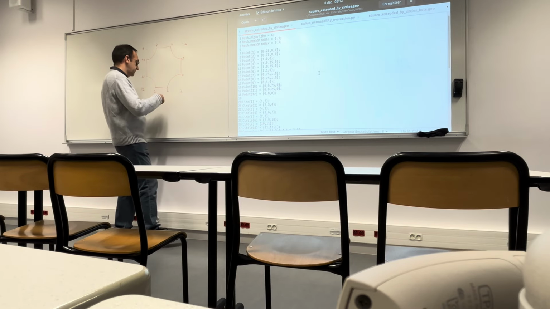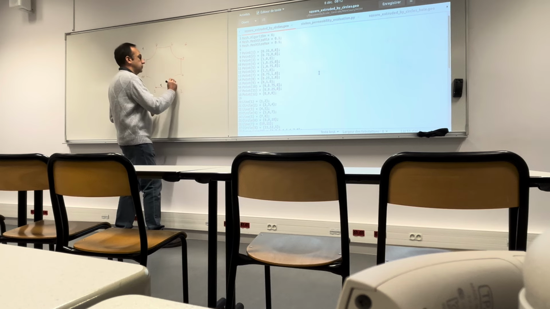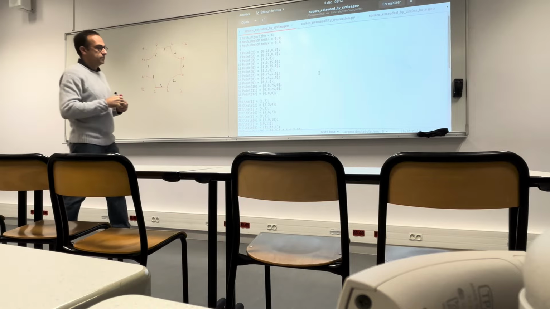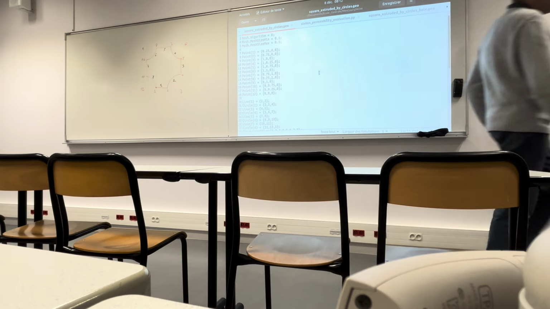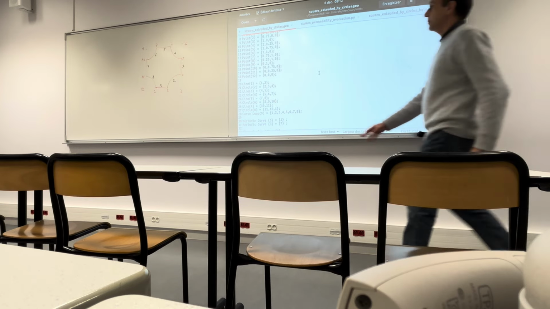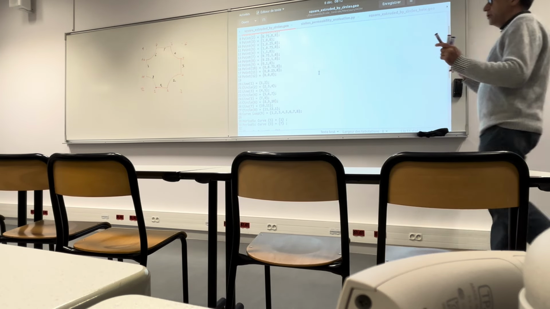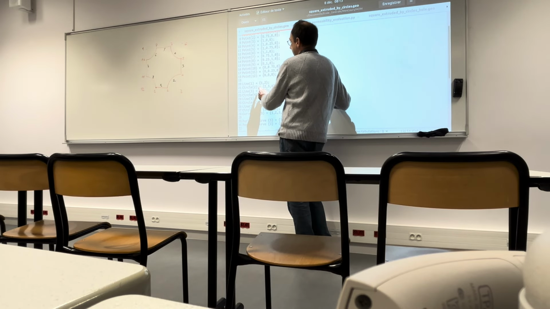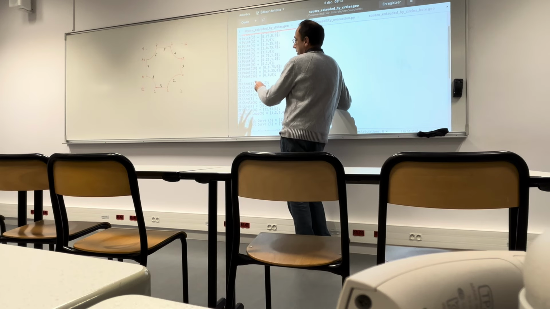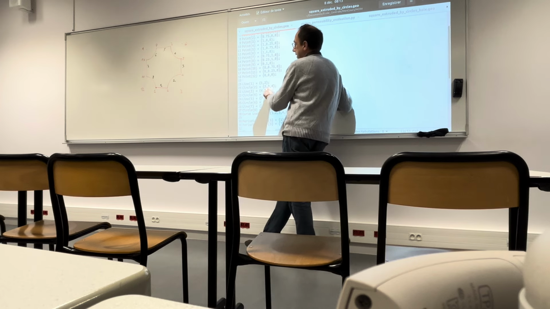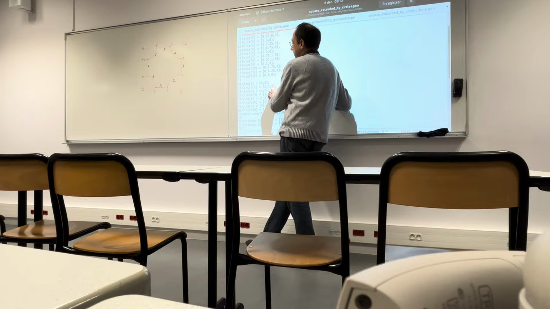Line 1 is this, circle 2 is that, line 3, 4, 5, 6, 7, and 8. With a syntax which is quite obvious, in the sense that for lines you have to provide the 2 points which are joined by the line. For the circles, you have to specify the starting point, for instance 2, the arrival point 4, and the center 3. So 2, 3, 4 is this circle here.